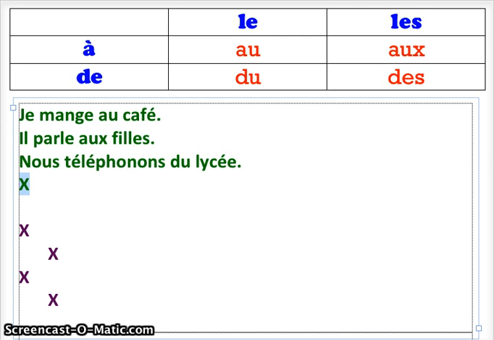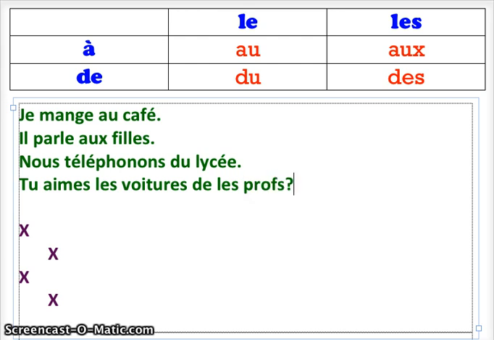So, tu aimes les voitures? Do you like the cars of the teachers? Tu aimes les voitures de les profs? Again, good sentence.